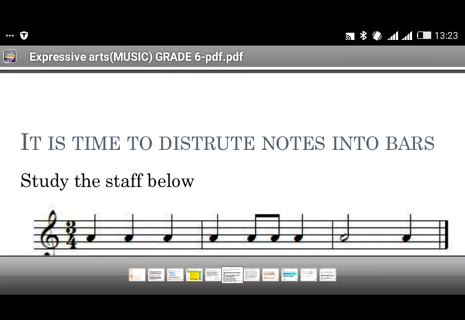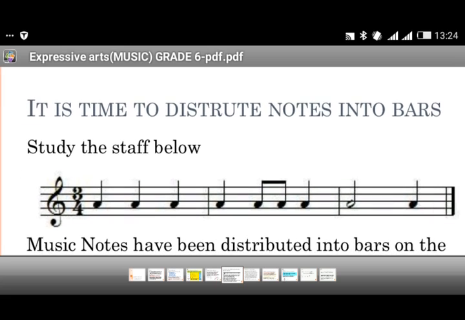Good. The second question was, what is the sum total of each measure? How many measures here? You can see you have 3 measures or 3 bars. What's the sum total? Let's just find one measure and we will know the sum total. 1 plus 1 plus 1, 3. Here 1 plus half plus half plus 1, 3. 2 plus 1, 3.